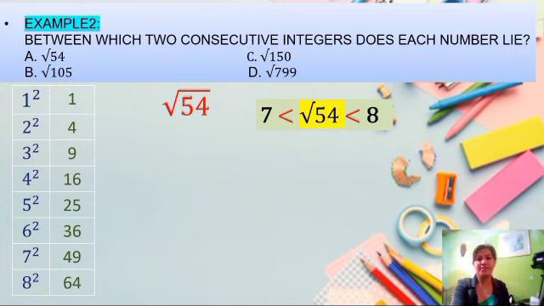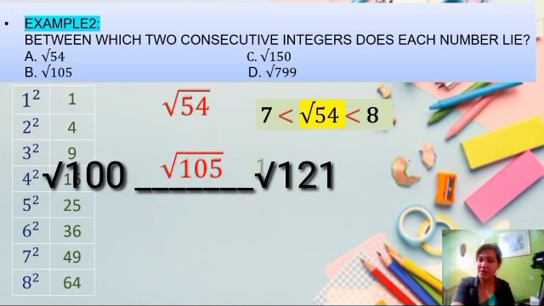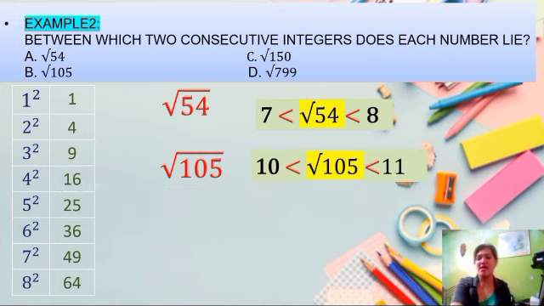Next, 105. We know that 10 times 10 is 100. So square root of 105 is between 10 and 11. Okay, next we have 150. What numbers is 150 between? We know that 13 times 13 is 169 and 12 times 12 is 144.